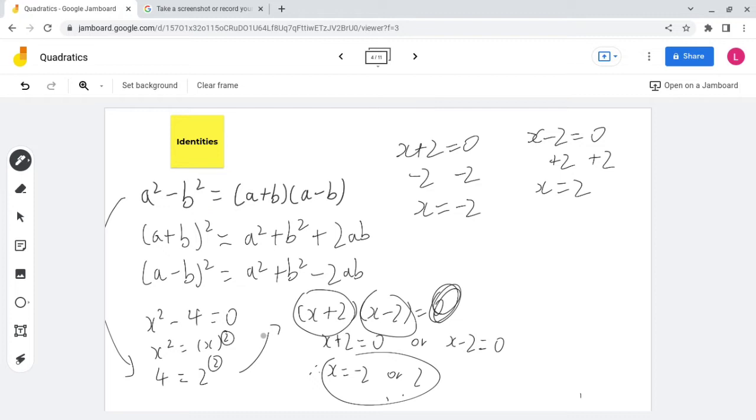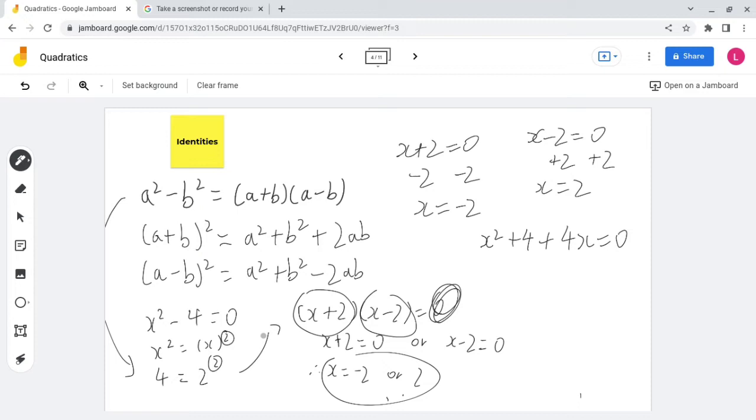So for example, say x squared plus 4 plus 4x equals 0. So how can we simplify this? Well, we shall show it in this way.